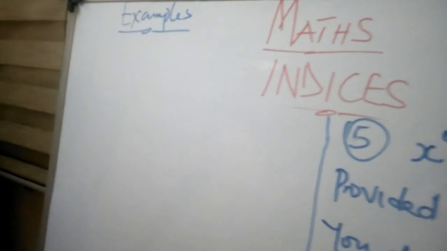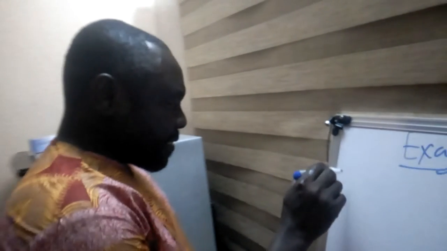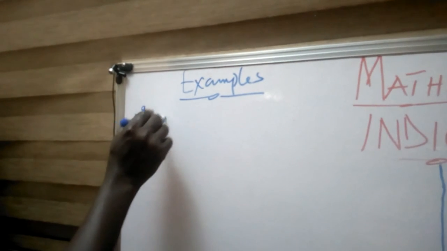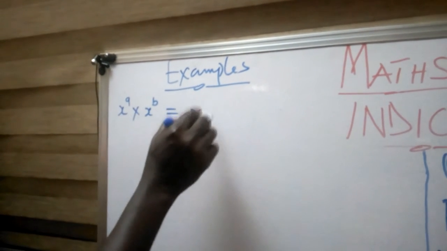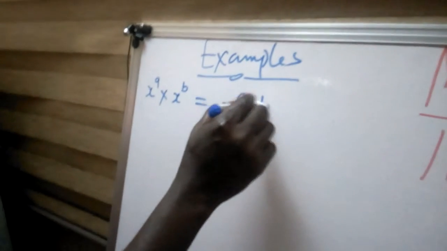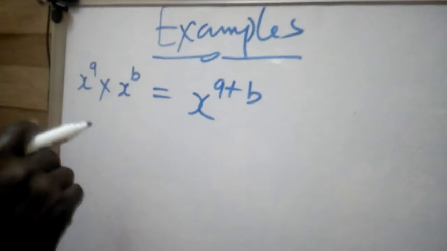Like in our first equation, I did mention that x to the power of a multiplied by x to the power of b is equal to x to the power of a plus b, provided x is not equal to 0.